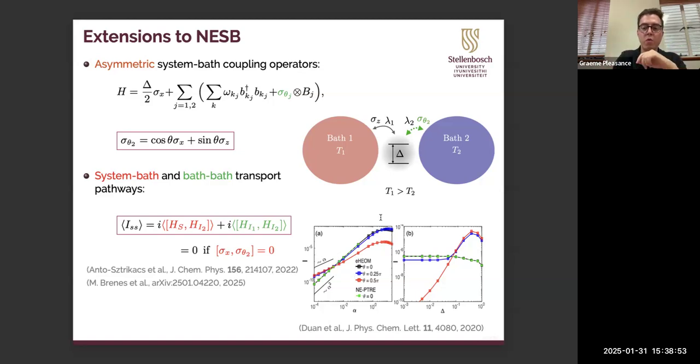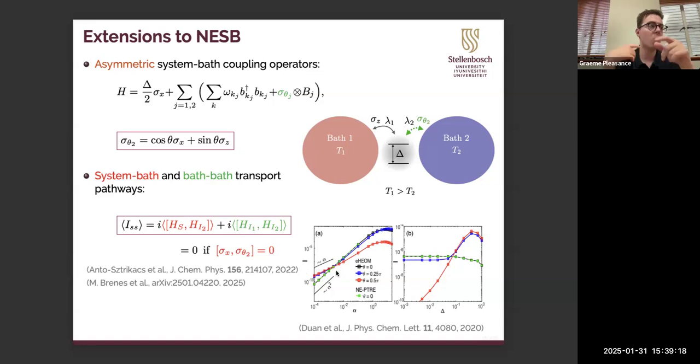But if you then perform this rotation with respect to this parameter alpha 2 in such a way that this green interaction operator no longer commutes with the Pauli Z operator, then you produce a totally different scaling in this steady state heat current.